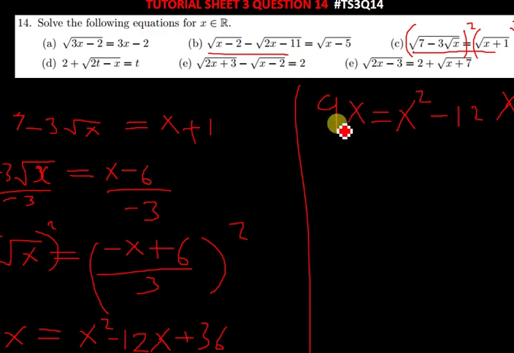So here you are going to have this, and then negative 12x minus 9x to be, I think, negative 21x, like that, and then from there you say plus 36 is equal to 0. So from there, what you do is you just solve the quadratic equation.